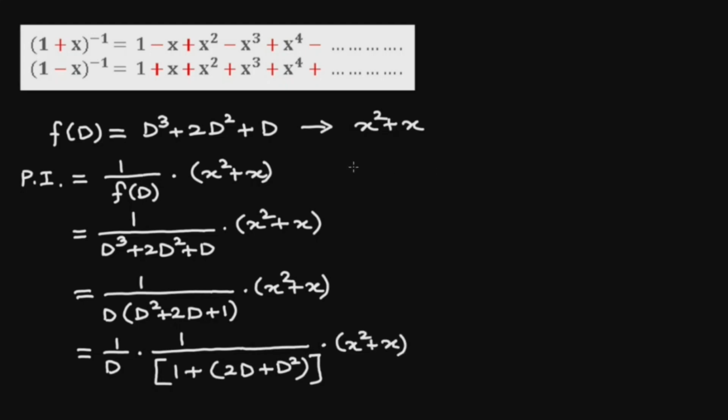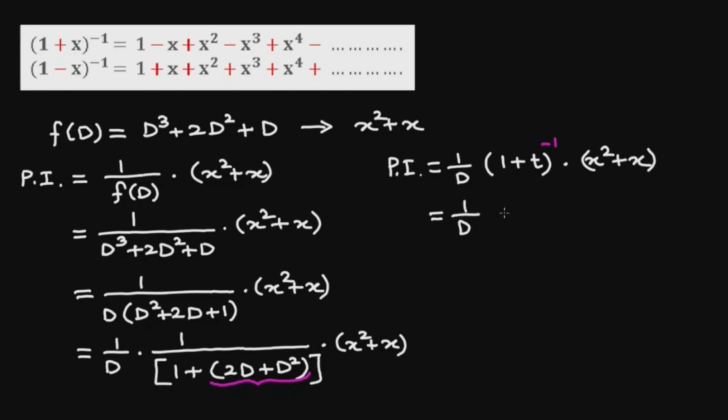We further write this as particular integral equals 1 upon D into (1 plus t) raised to power minus 1 operating on x square plus x, where we substitute t for this 2D plus D square. Which is 1 upon D into, we write this expansion from here, 1 minus t plus t square. We ignore further terms because t square gives square of this D square, and we can find only two successive derivatives of x square and one single derivative of this x.